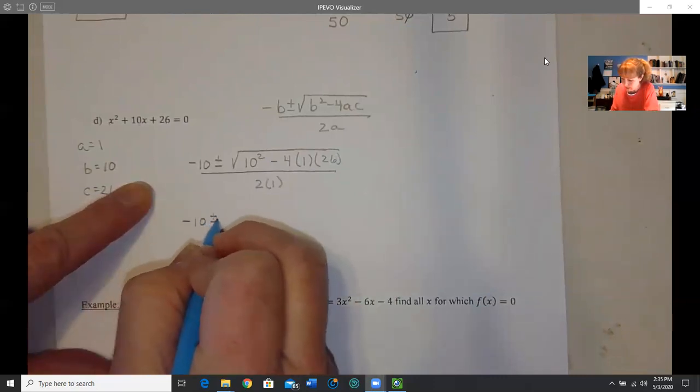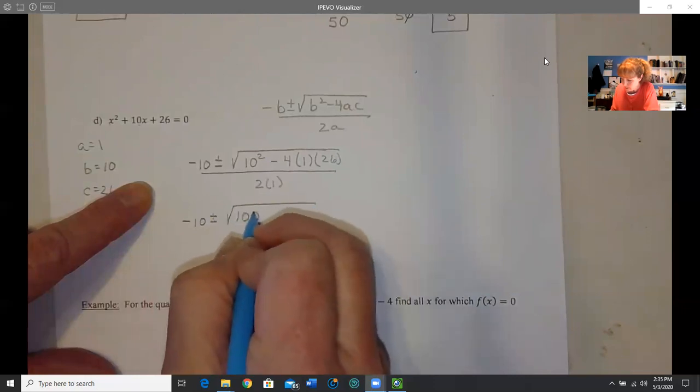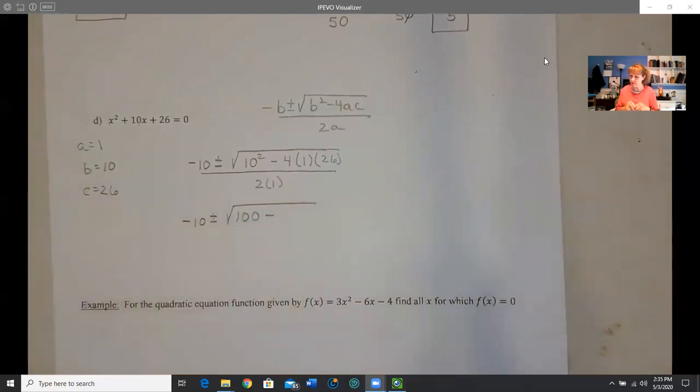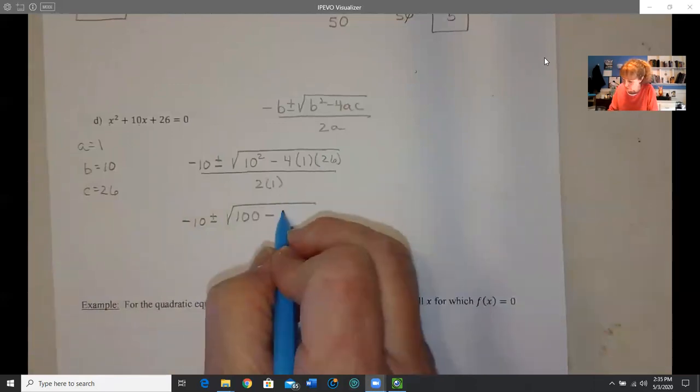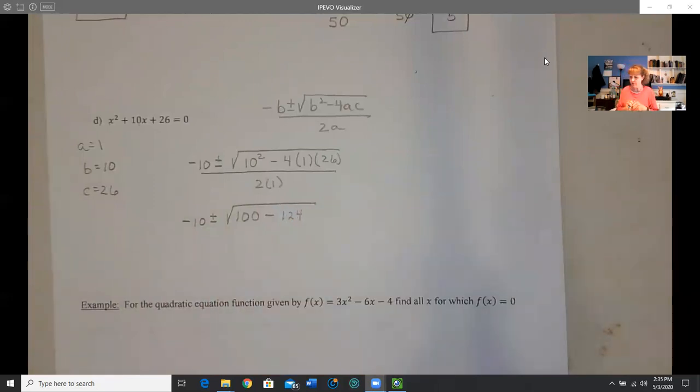We have a negative 10. This is 100. Subtract, let's see, 4 times 26 gives us 124. Okay, oh, wait a minute, let me double check that. 26 times 4, 104.